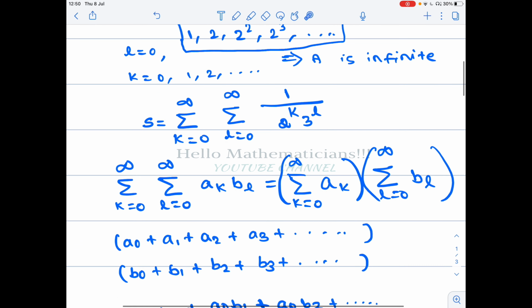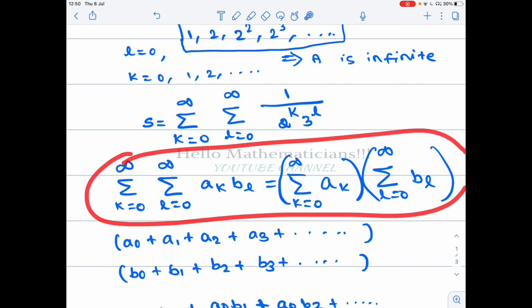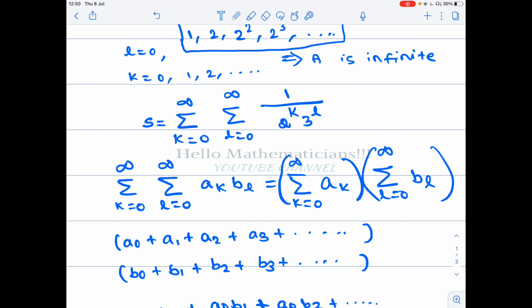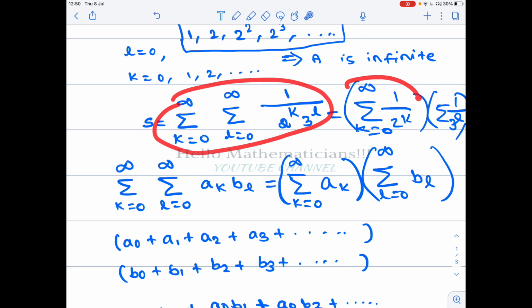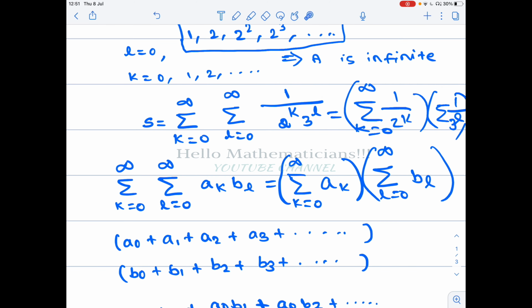By this result, our summation is equal to the summation over k from 0 to infinity of 1 by 2 power k, times the summation of 1 by 3 power l. That is what this result is saying. So this double summation is the product of two geometric series.